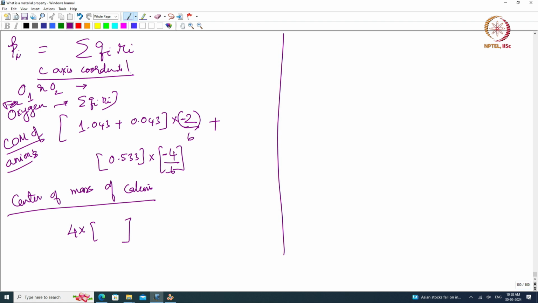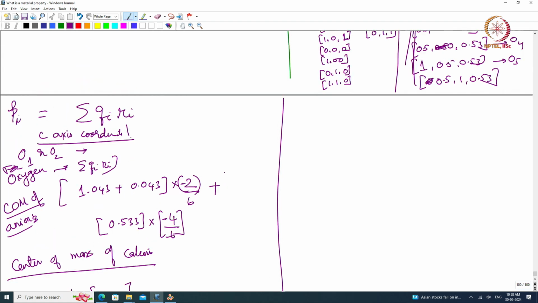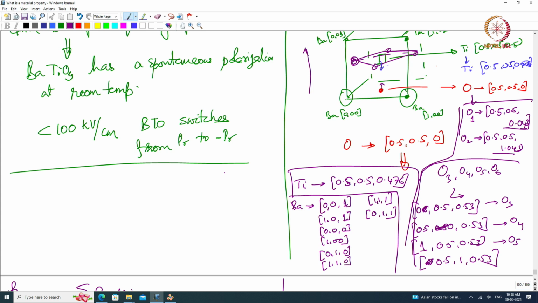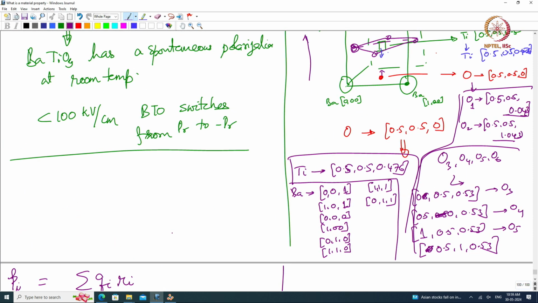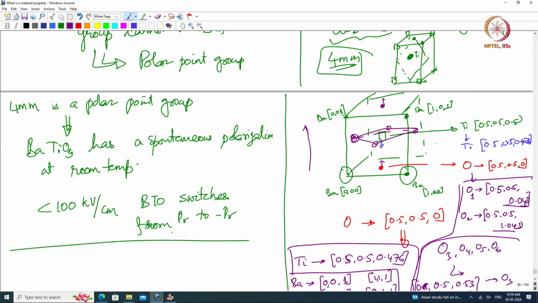What is the position of titanium? 0.476, plus 2 times the barium position. You can see that all bariums are symmetrically arranged, correct.